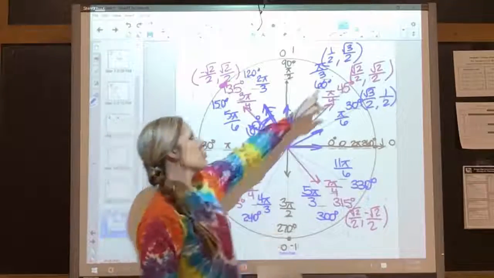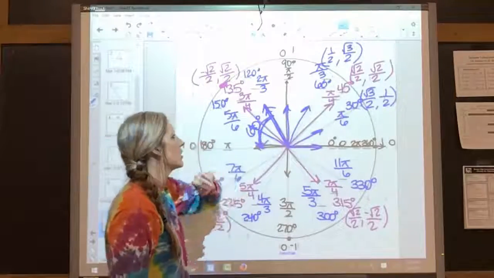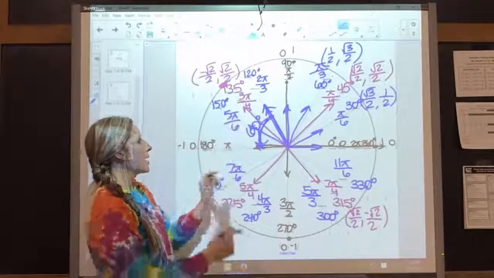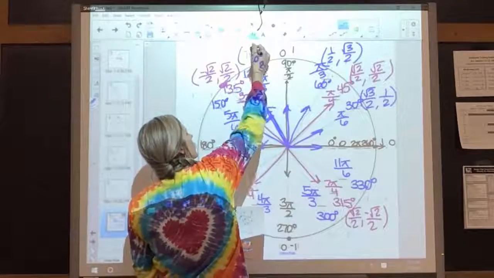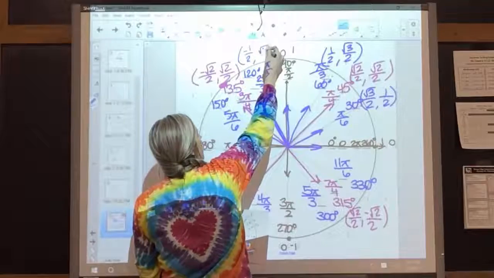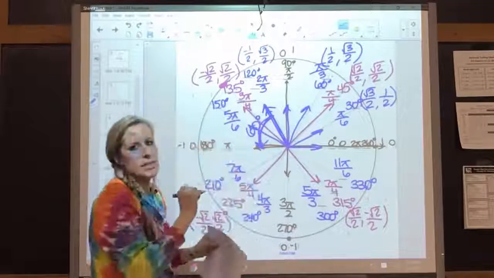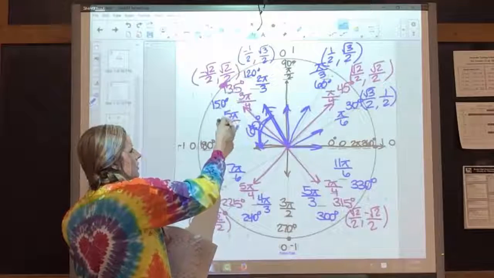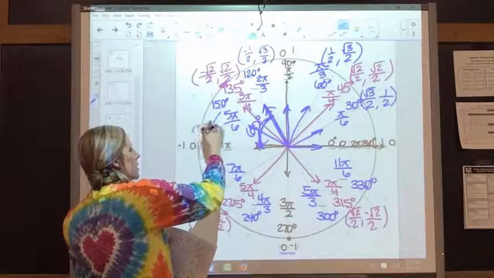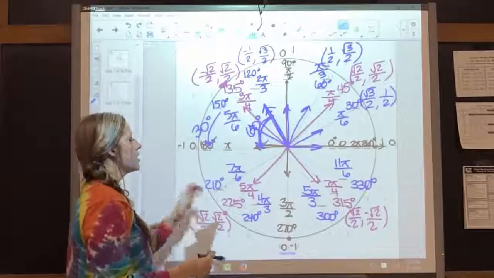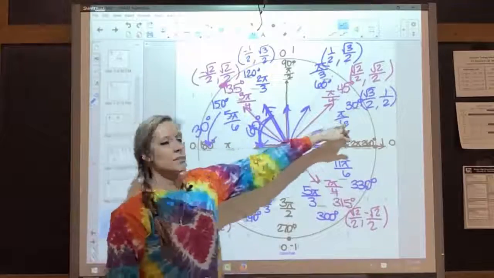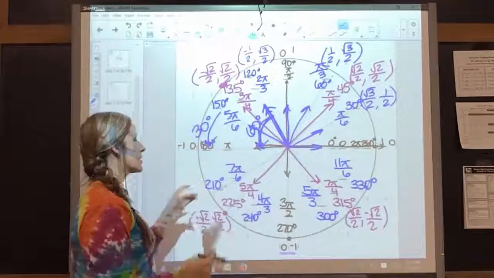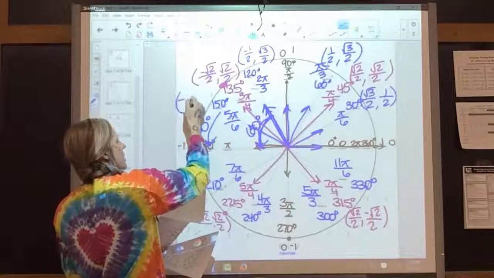So I'm going to use the same point as the 60 degrees. But my x is going to be negative and my y is going to be positive because I'm in that second quadrant. This 150 degrees, my reference angle is 30. So I'm going to use the same point as my 30-degree angle, except my x is going to be negative.